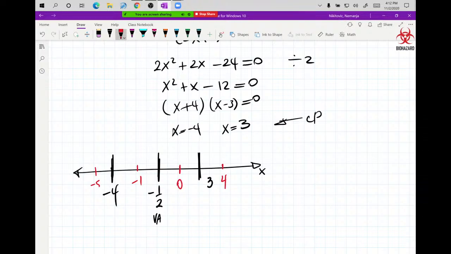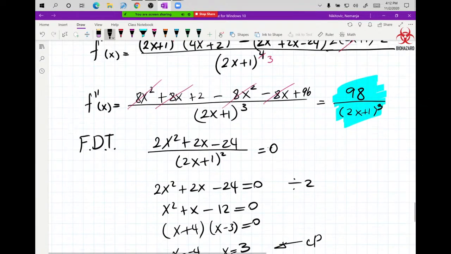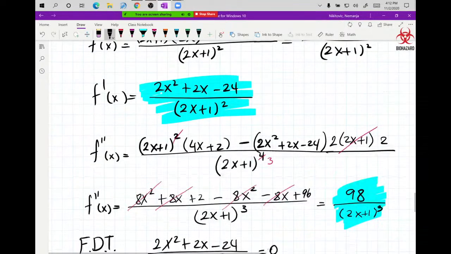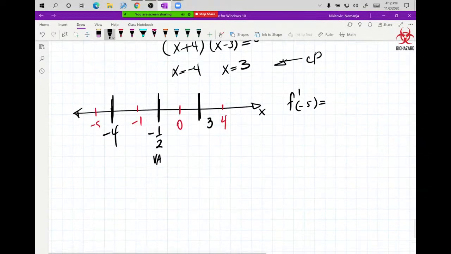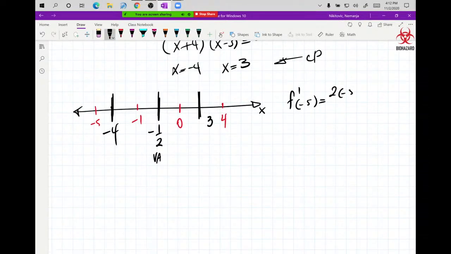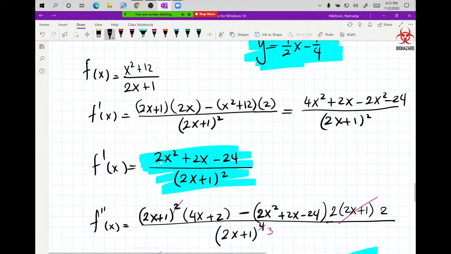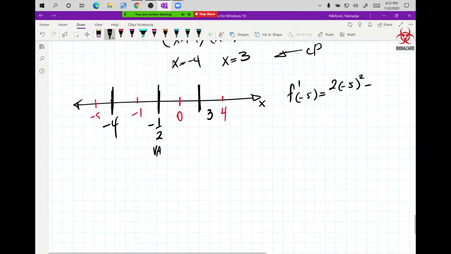So you always try to pick a 0 because that kills a lot of calculations, which is good. So now we do the test. F prime of -5. Now f prime is 2x squared, so 2 times -5 squared. What else was there? Plus 2x minus 24.